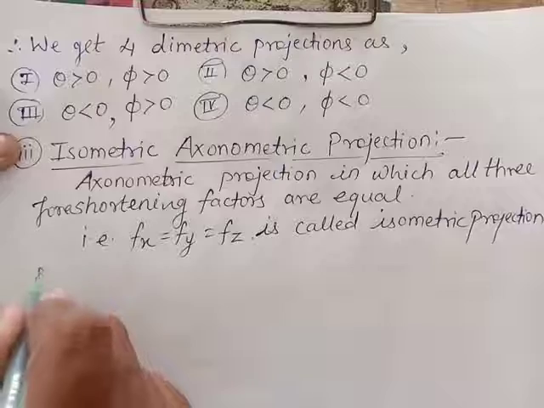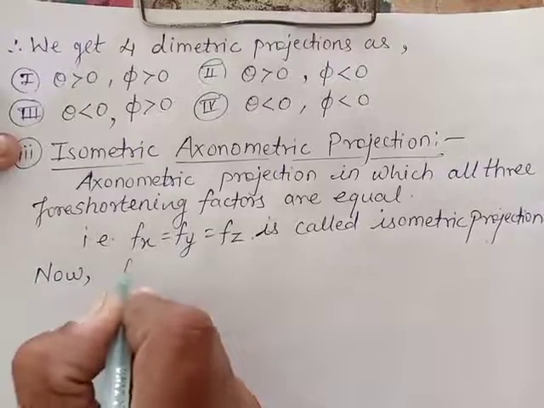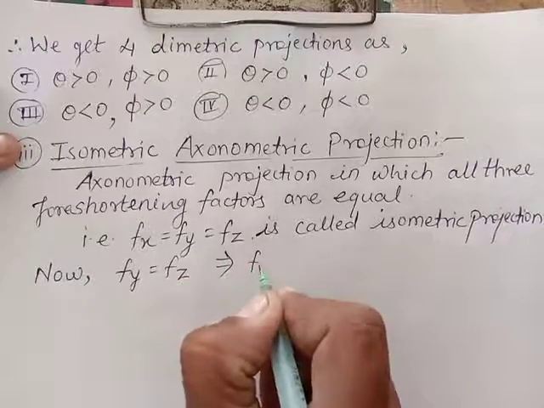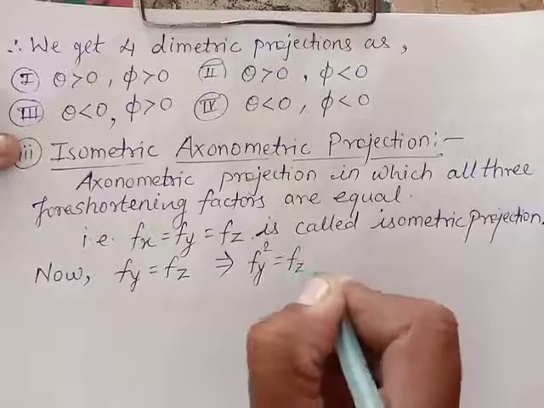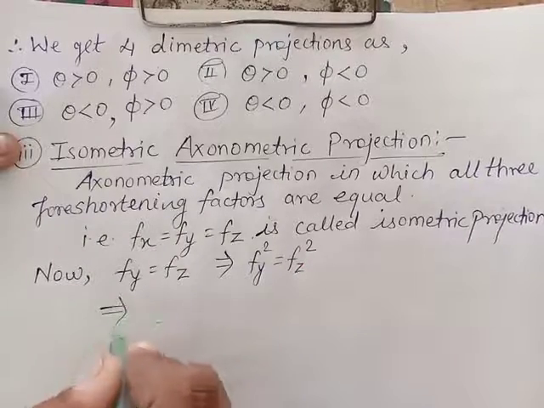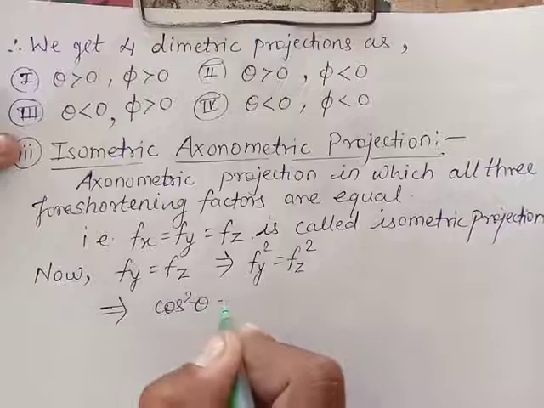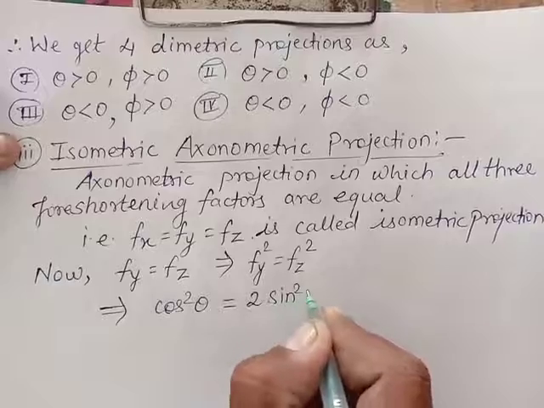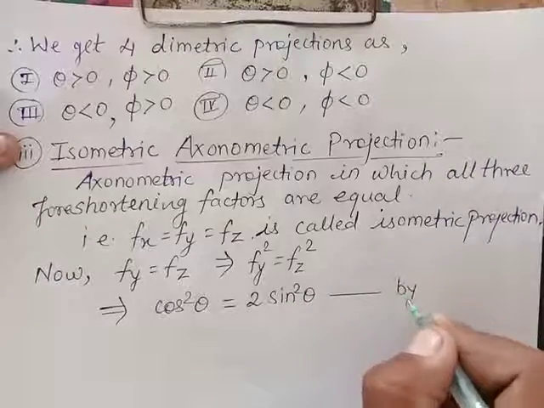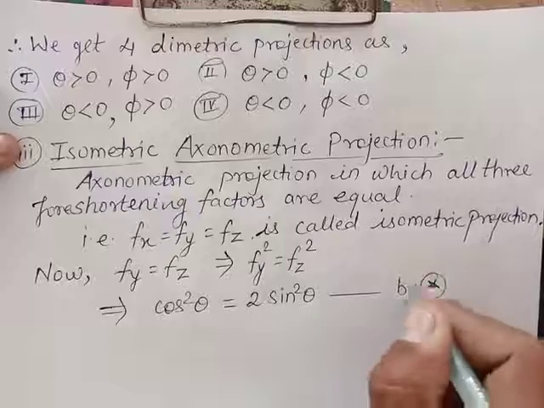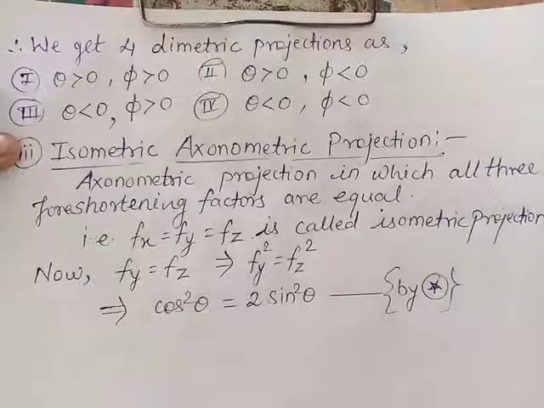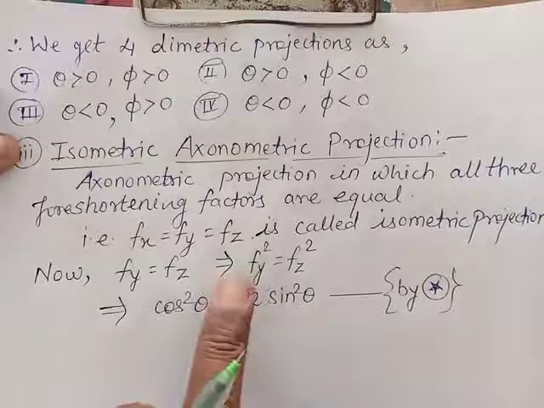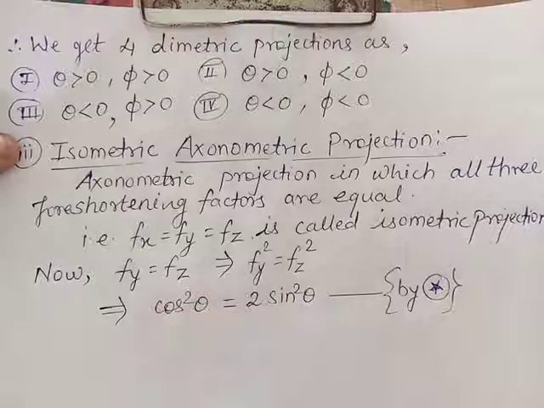Okay, now fy equal to fz, that gives fy square equal to fz square. So that gives cos square theta equal to 2 sin square theta by star, because from star fz square is equal to 2 sin square theta, and from 1 fy square is cos square theta.